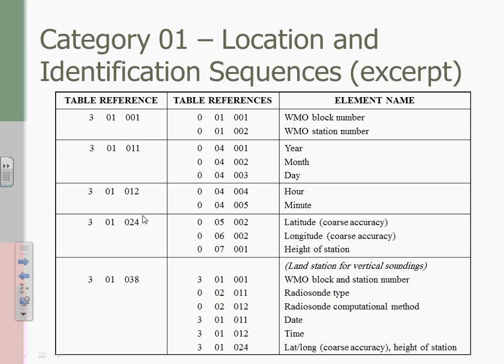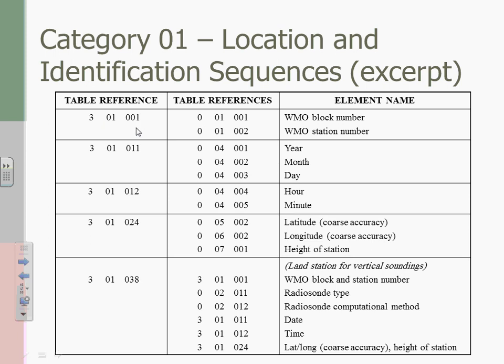So here comes the example. This is category 01, which is location and identification sequences. I showed 2 examples of table B descriptors, 001001 and 001002. Combining these two table B descriptors makes one table D descriptor.